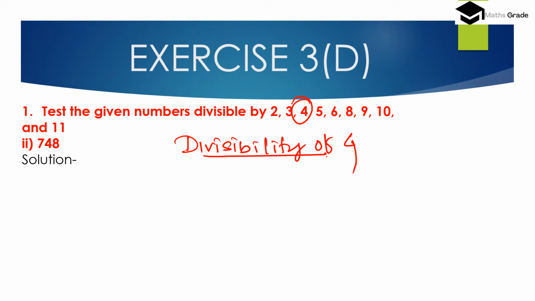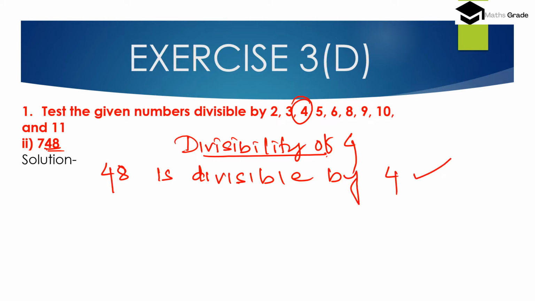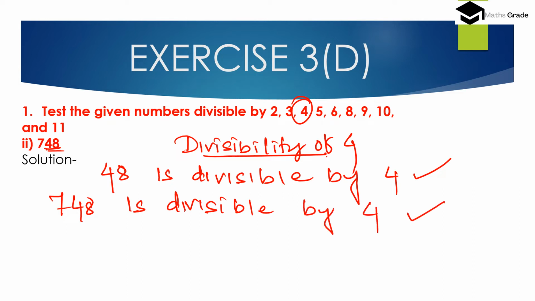Here the last two digits of the number are 48 and 48 is divisible by 4, since 4 twelves are 48. So the number 748 is divisible by 4.